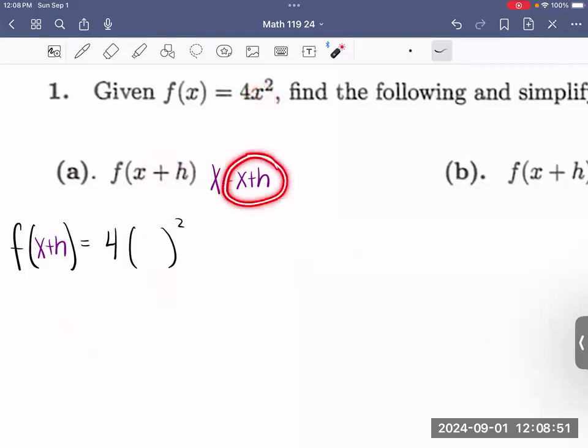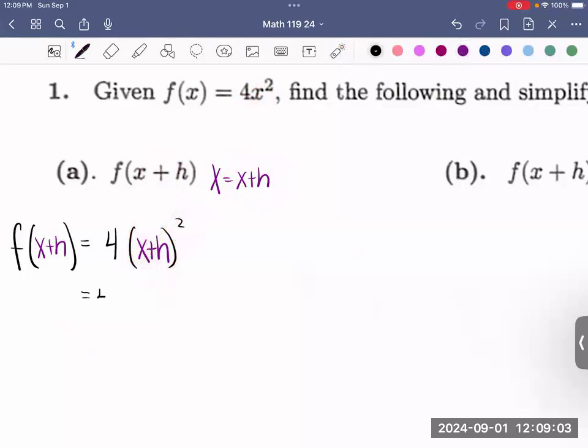Now, instead, we're going to evaluate it at this binomial. So we have x plus h here, and you'll notice that this whole thing is being squared, just like it used to be in this equation. So we can go ahead and evaluate. Because it's a binomial and it's squared, we're going to expand this out to show that we have 2 of them, and then we're going to go ahead and FOIL.